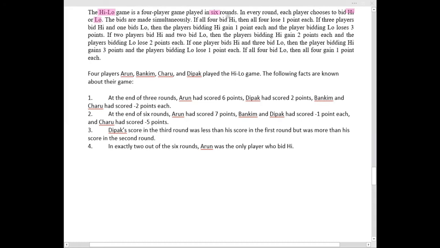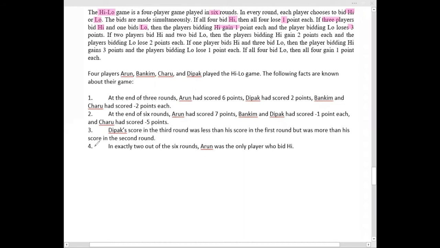If all 4 bid high, then all 4 lose 1 point each. If 3 players bid high and 1 bids low, then the player bidding high gains 1 point and each player bidding low loses 3 points. In this way, there are different cases given.